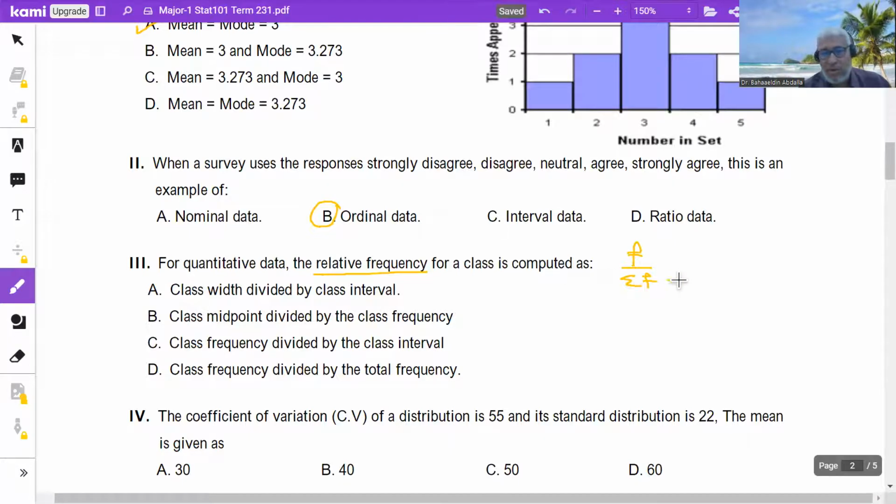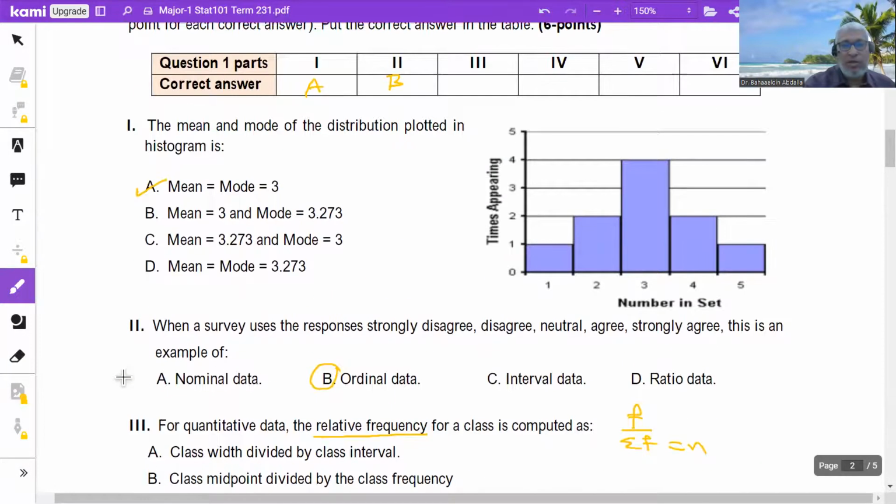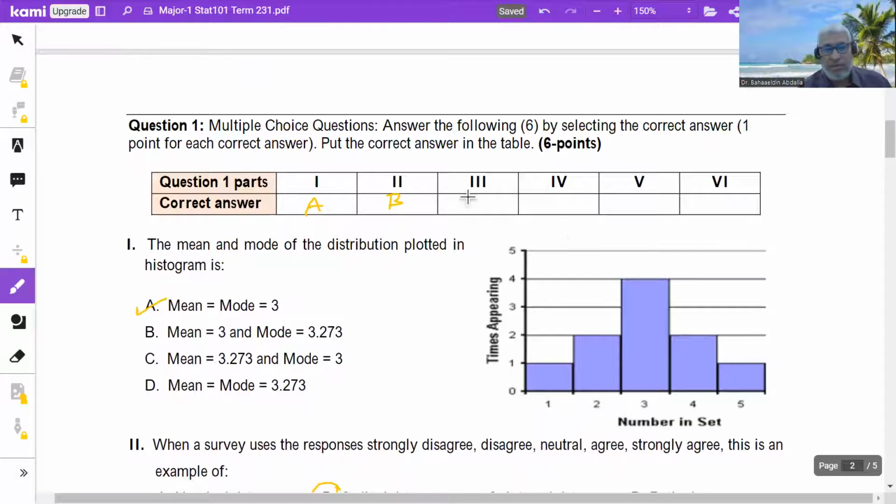This is also N if you like. So the total number. Is it computed as class width divided by class midpoint divided by class frequency? No, we divide the frequency by the total frequency. So D is the correct answer.